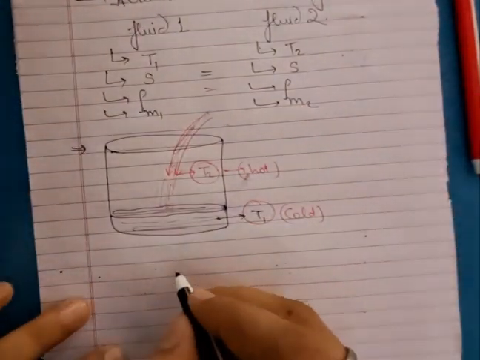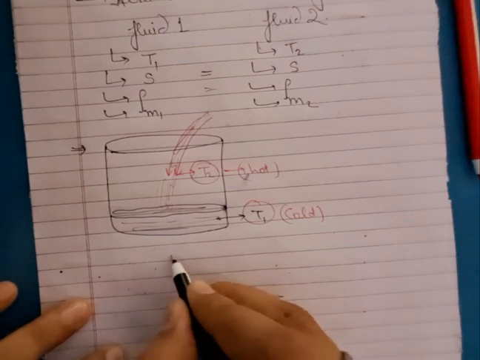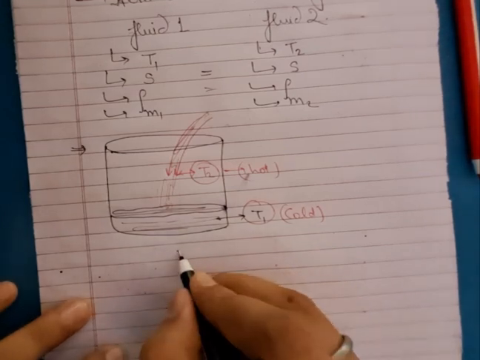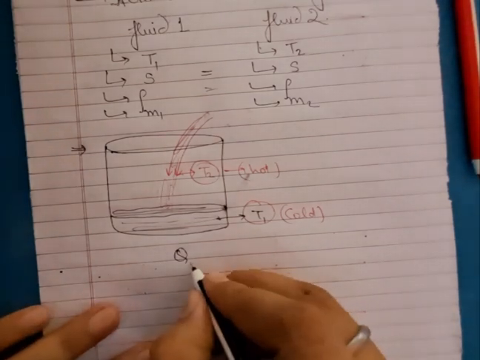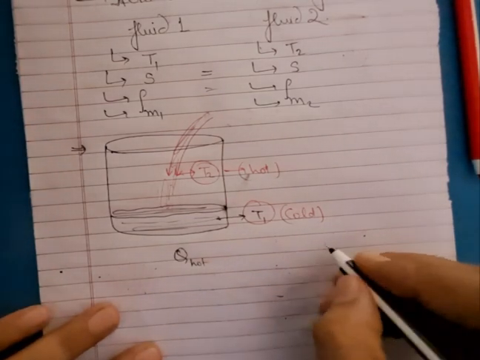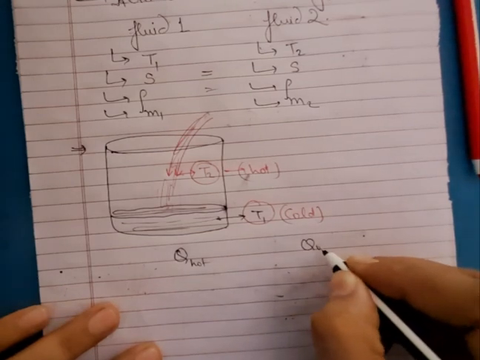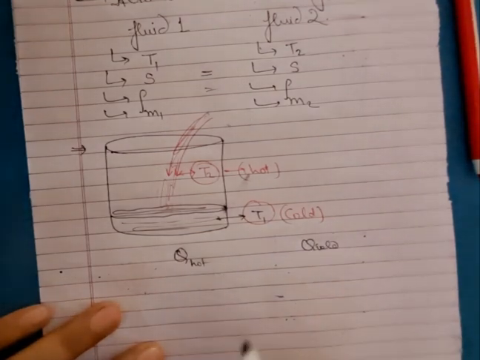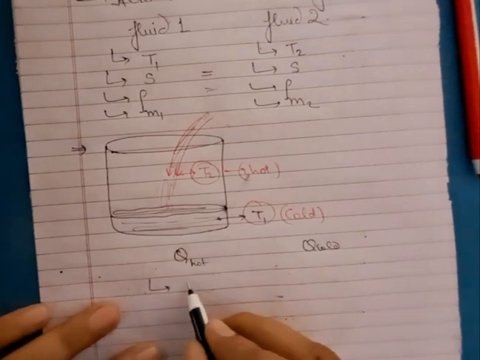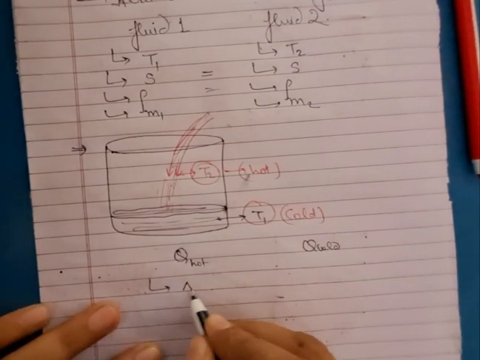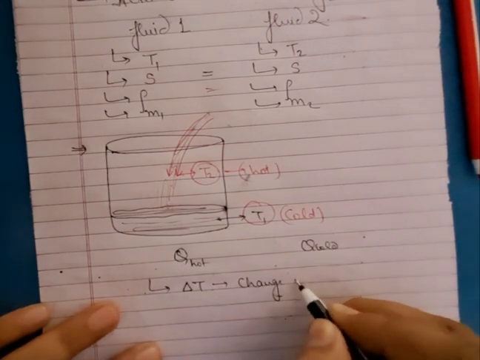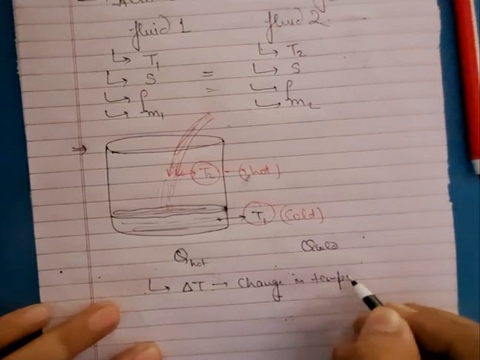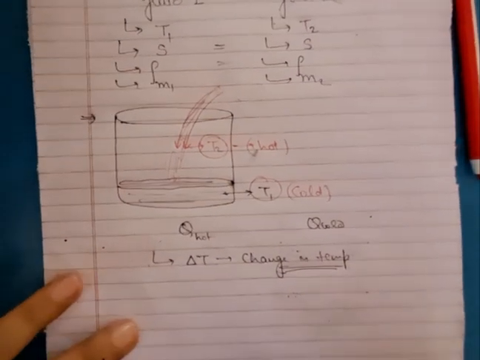So there are two things happening. Let there be the heat energy of hot water and the heat energy of cold water. But after some time, when they are getting mixed, there is some change in temperature. So what do we observe?